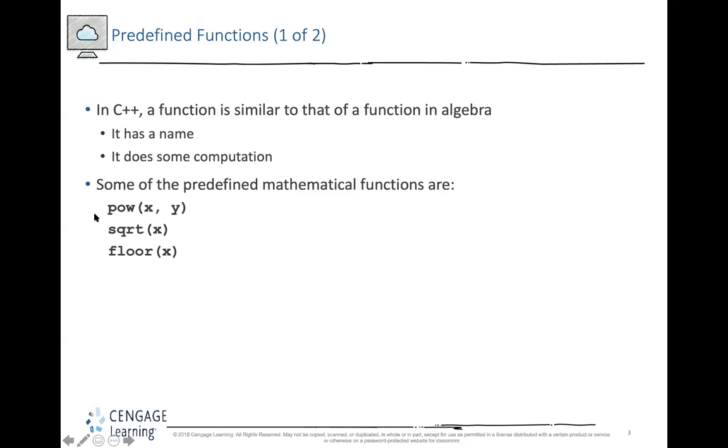These three are in the C language's math.h, but really if you're programming in C++, make sure the headers you use are not the C headers, although they work for backwards compatibility. For C++ programs, you should always use the proper headers. So for math.h, that is going to be cmath. So you include that header instead. These three functions are the power function, the square root function, and the floor function.